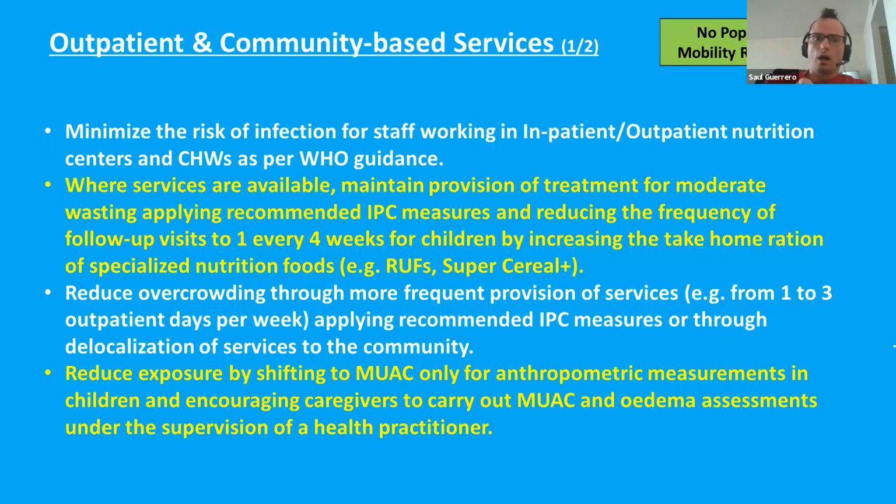Wherever services are available, we were encouraging the provision of treatment for moderate wasting, applying the standard IPC measures, but reducing the frequency of follow-up visits from 1 to every 4 weeks for children, primarily by increasing the take-home ration.